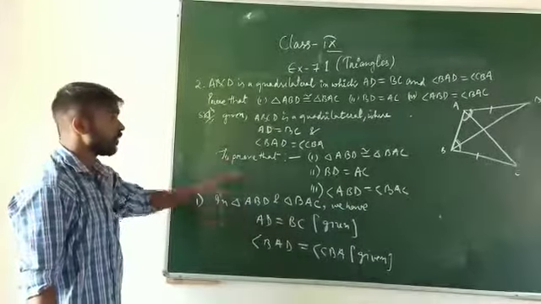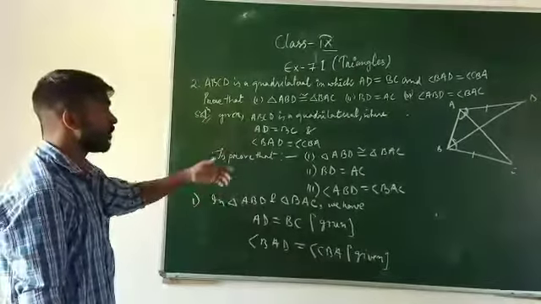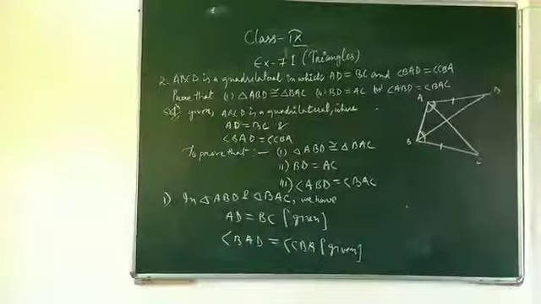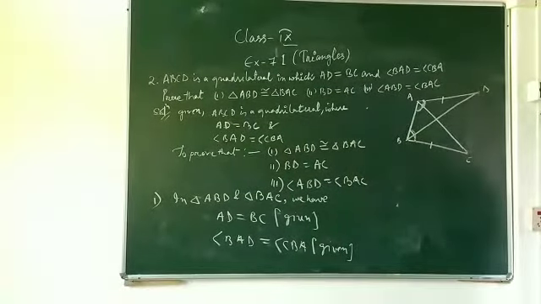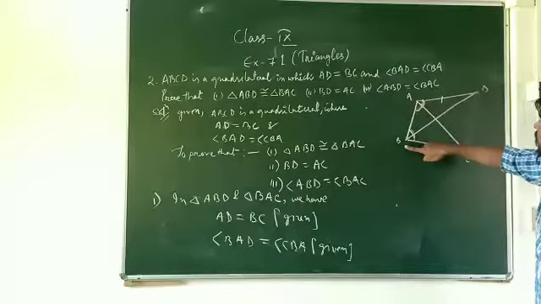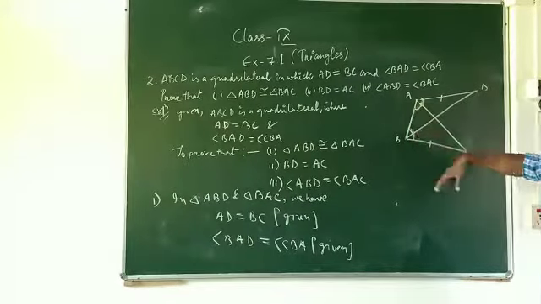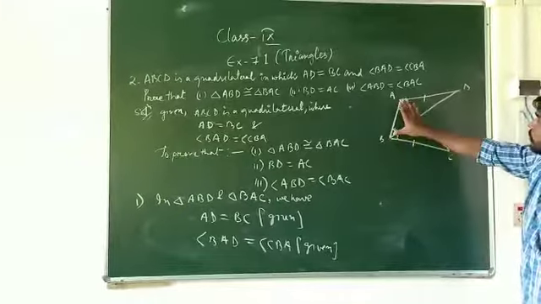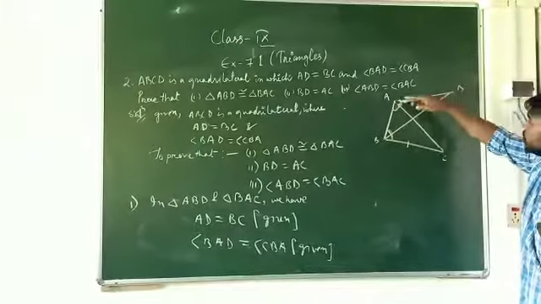Now what is the third equal part of these two triangles? We have to see the figure and find it. So what is that? AB. AB is the common side. We can see easily in these two triangles that the side AB is common for both triangles.